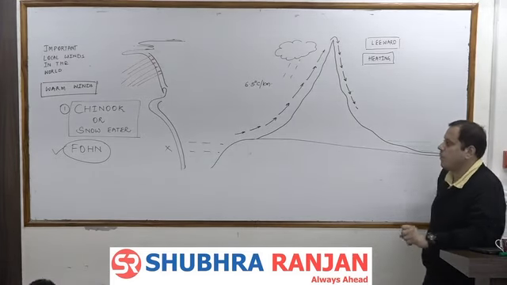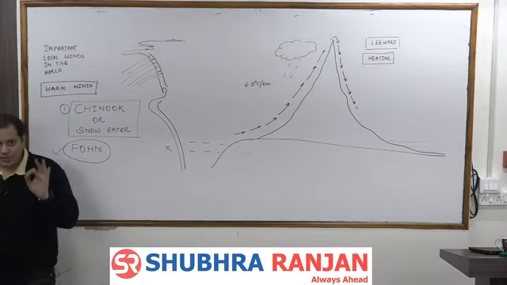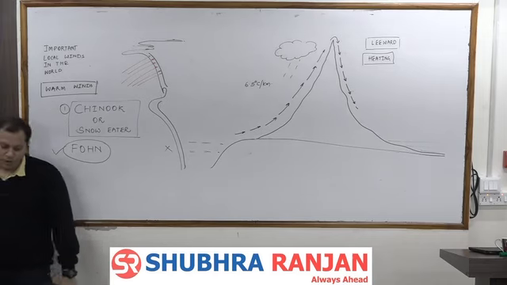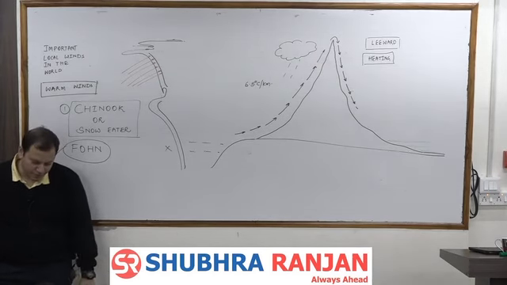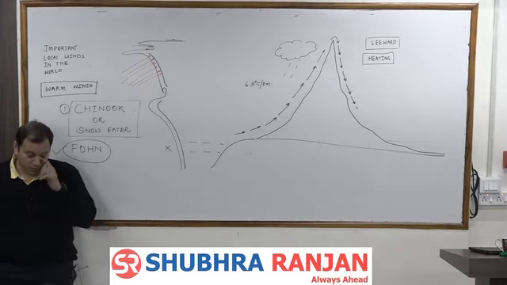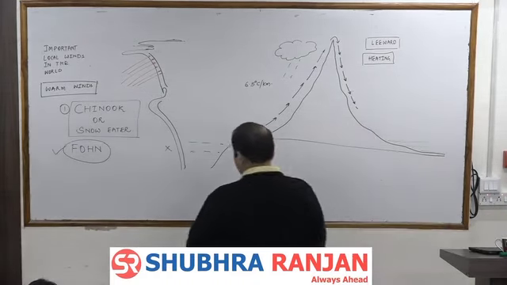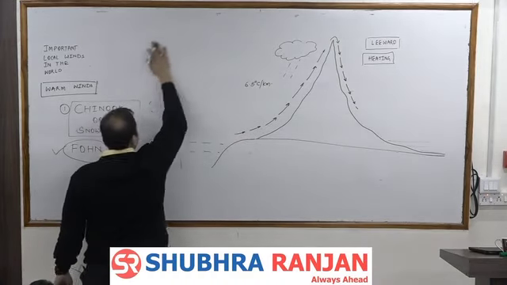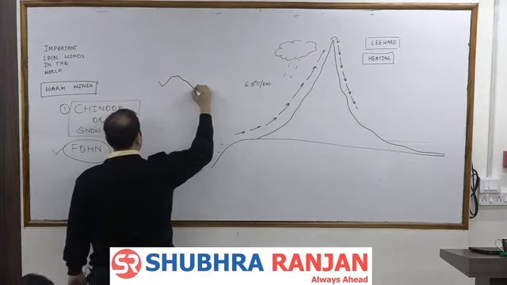Paragraph change करना. Such adjectives देखो सारे. Warm, such warm. Dry, wind, which flows on the leeward slope of the Rockies is known as Chinook or snow eater.